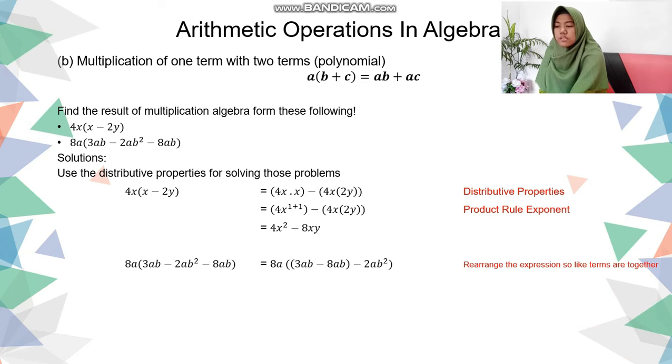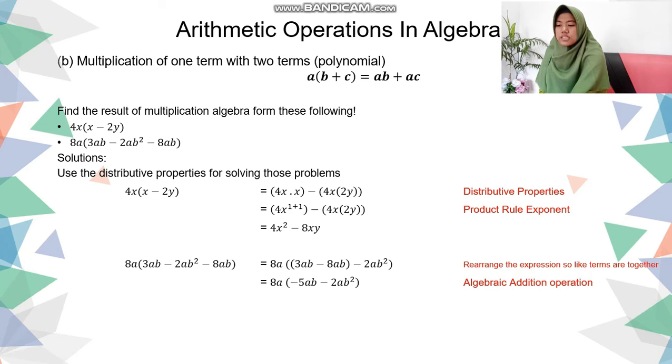The second problem: 8a times (3ab minus 2ab squared minus 8ab). Then we rearrange the expression so like terms are together, equal to 8a (3ab minus 8ab) minus 2ab squared.